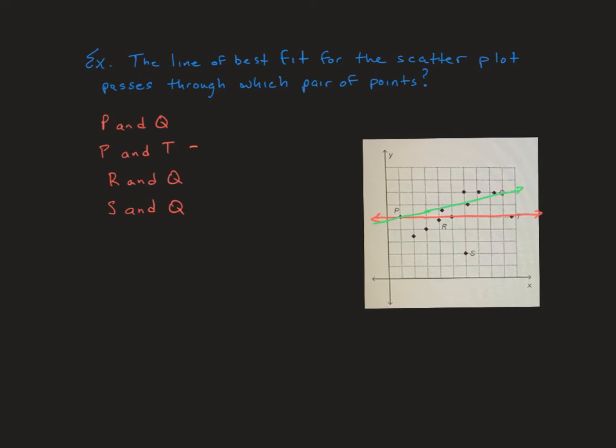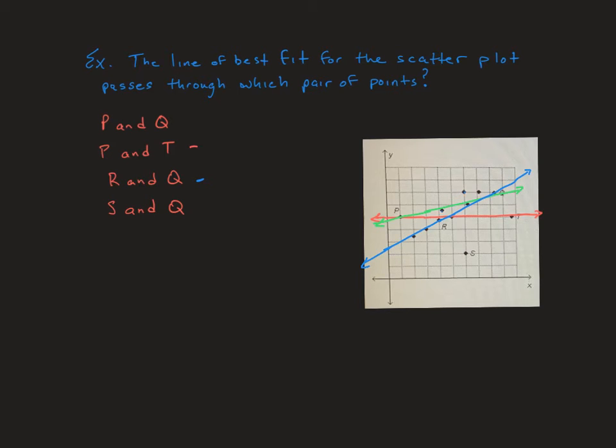This is the last one that we drew. Looking at RQ, we'll draw that one in blue. RQ is right here. All right, and I would say that that doesn't look too bad. It looks like it's following the data.